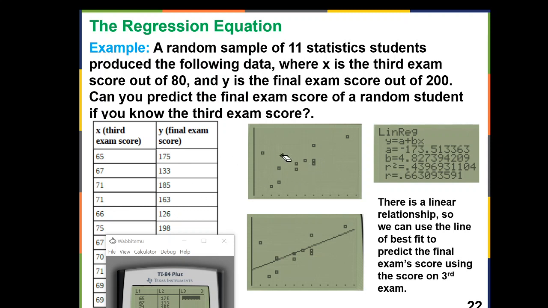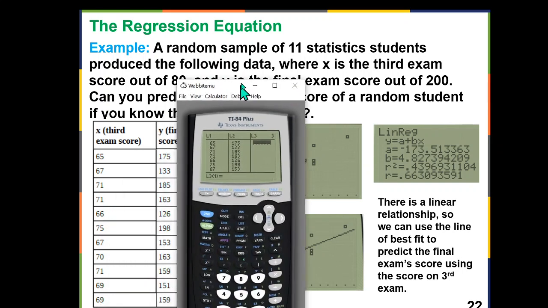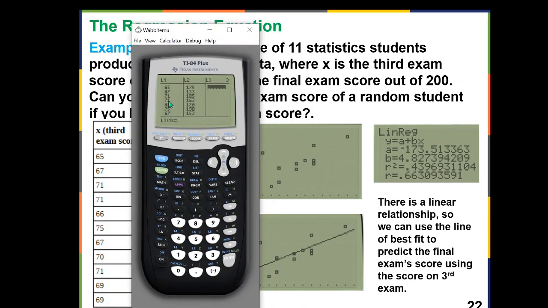How do we do that? Well, first we graph the points, and we know how to do that. So we put the X values and Y values in L1 and L2. So these are third exam scores, and this is final exam scores. Then we go to stat plot.